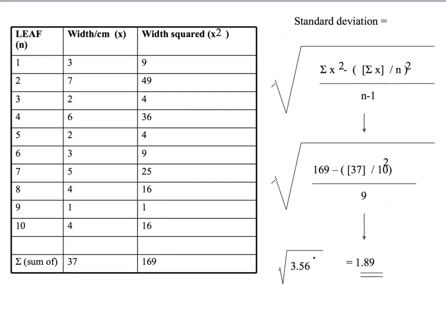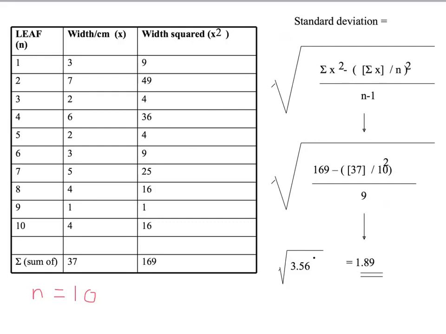So n is 10, because we said that n was the number in the sample. All the values that we've measured, 3, 7, 2, 6, 2, 3, 5, 4, 1, 4, this column where it says width, they are our x values.